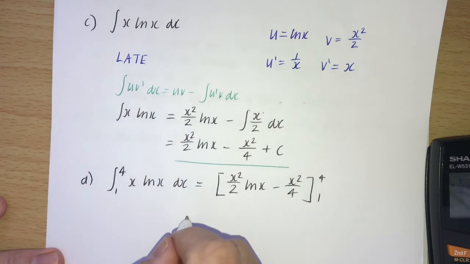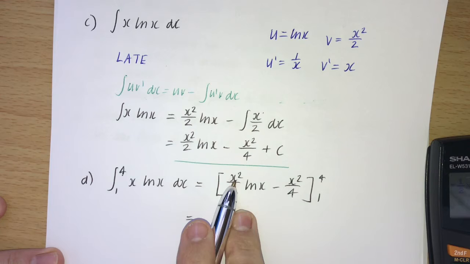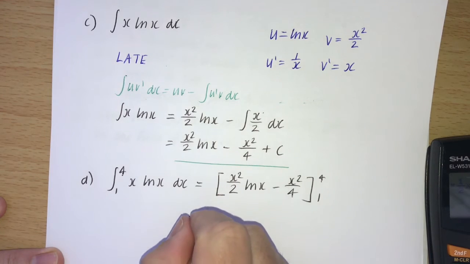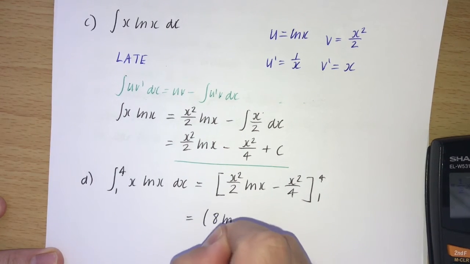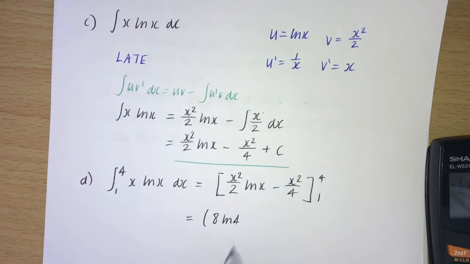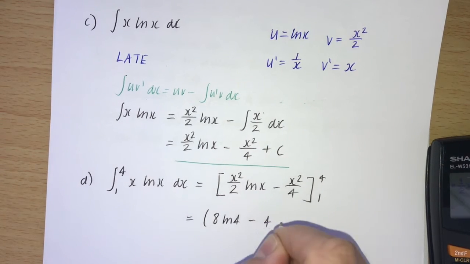So we'll sub in 4 first. So 4 squared is 16, divided by 2 is 8 ln 4, minus 4 squared is 16, divided by 4 is 4.